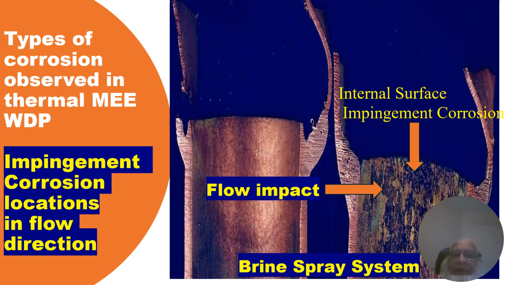This is a brine spray system where the spray tubes were protruded into the spray header and welded in there amid an opinion that the welding in this configuration will prevent the deterioration of the tubes, whereas they deteriorated very fast because of the impingement corrosion at the protruded tube ends.